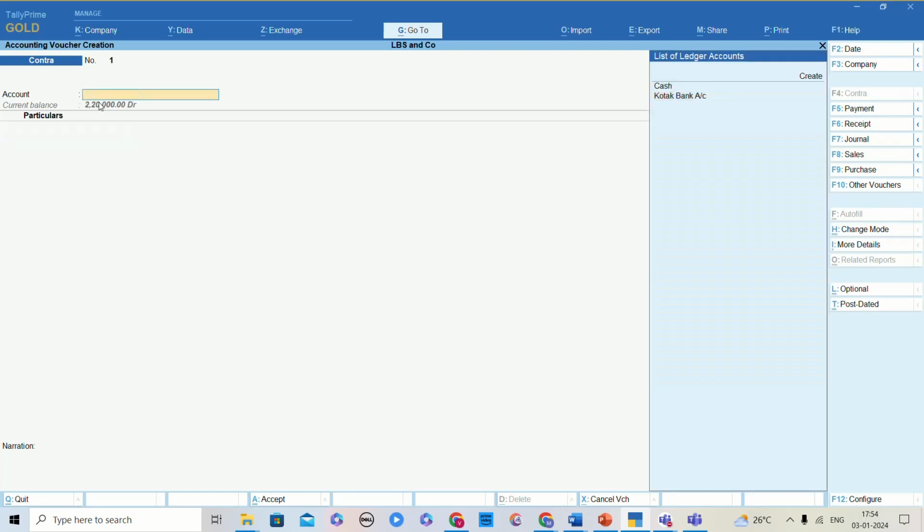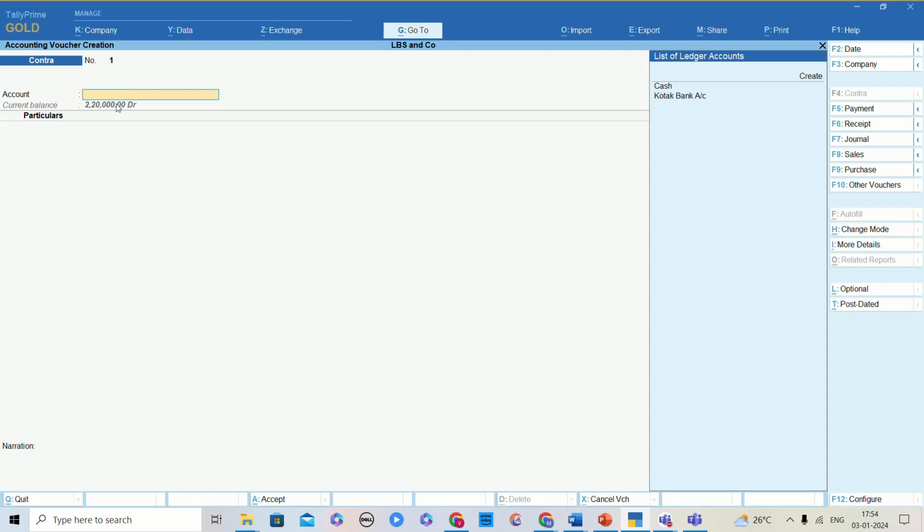In case I withdraw the cash from the bank, what to do? What account needs to be taken here if I withdraw the cash from the bank? Yes, it's a bank to cash transaction, correct. But in front of the account option in a contra transaction, what do I have to select here?